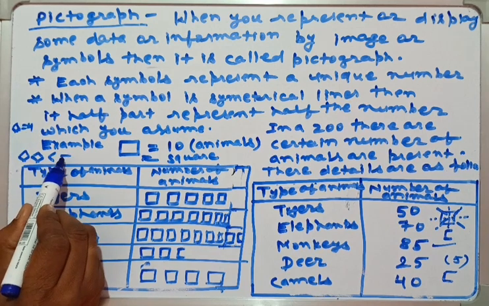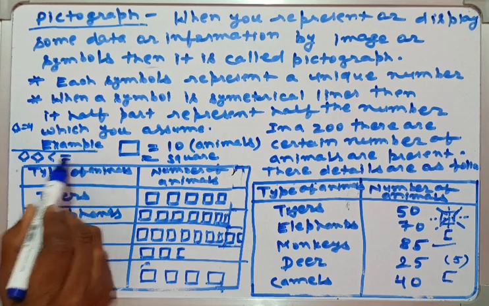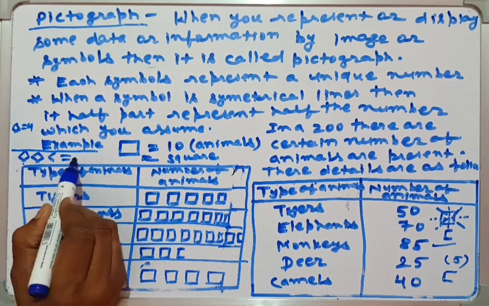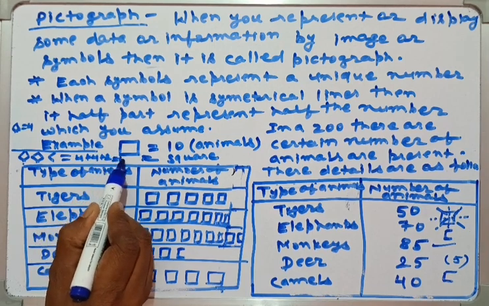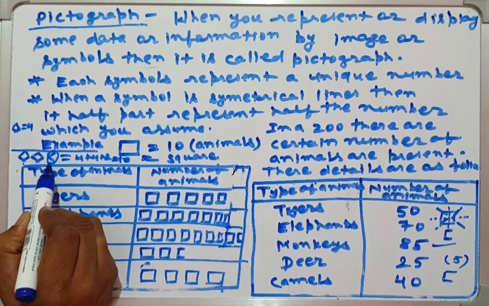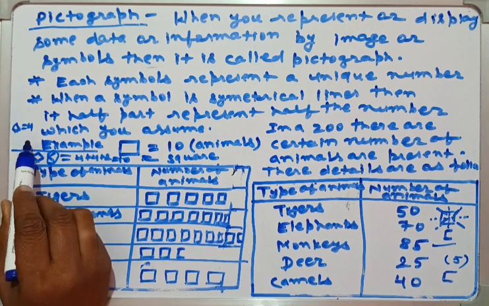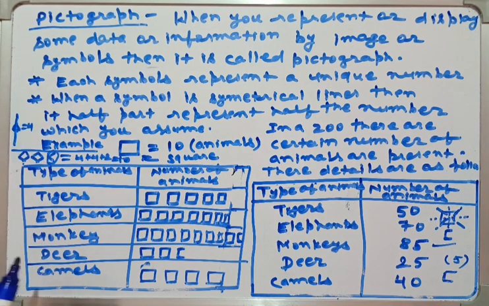So what will be the value of this one? So this becomes 4 plus 4 plus 2, and this is equal to 10. Why? Because this half portion of this symbol represents 2, because this symbol is symmetrical about a vertical line.